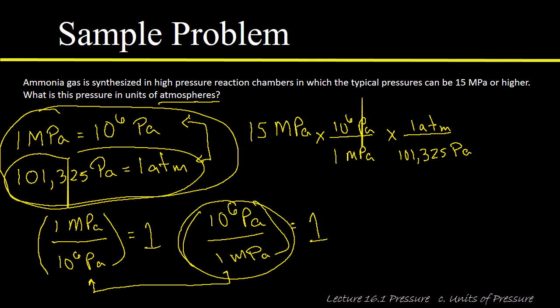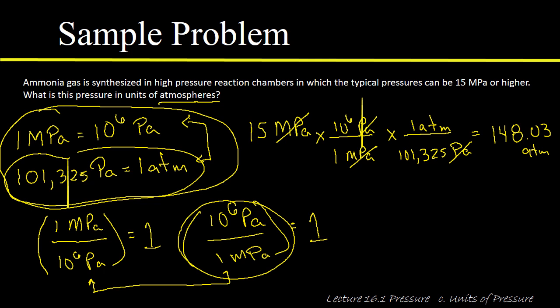All right. And then when we multiply that together, you see that our megapascals cancel, our pascals cancel, and the units that we end up with are atmospheres. If we put this in the calculator and run the numbers, we get 148.03 atmospheres.